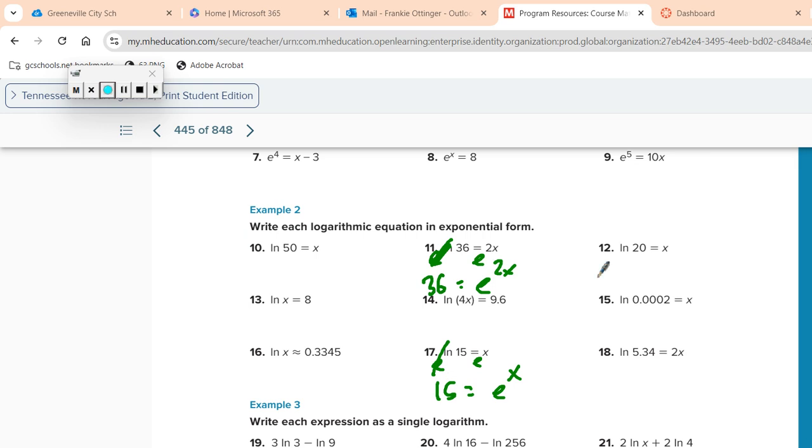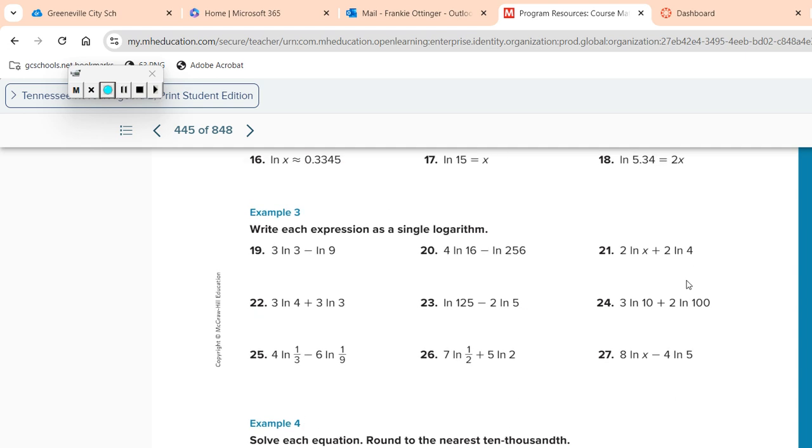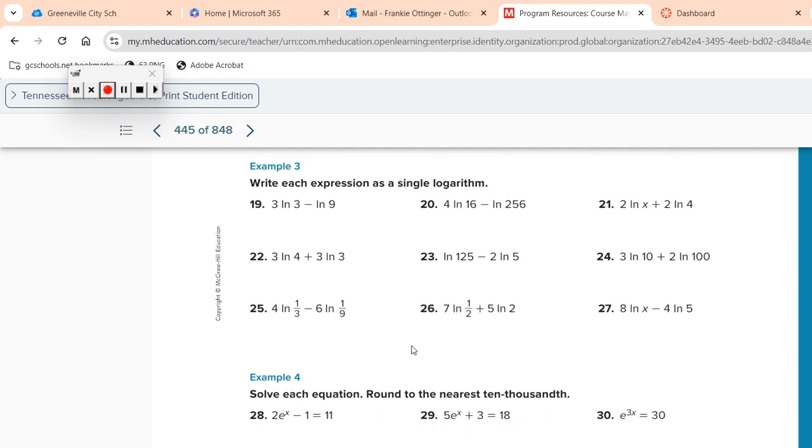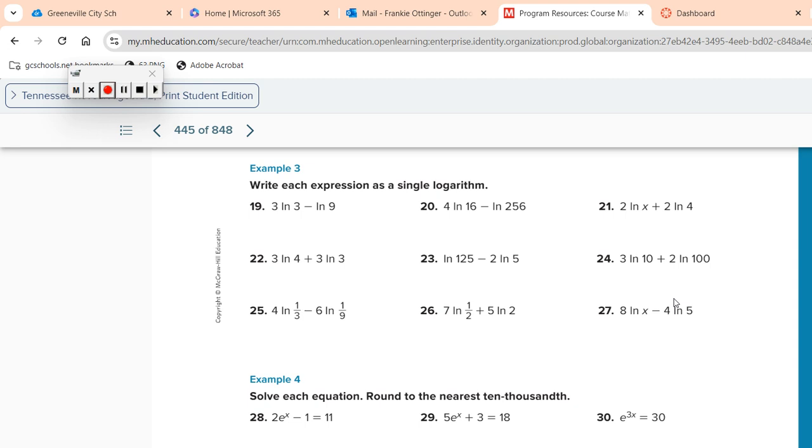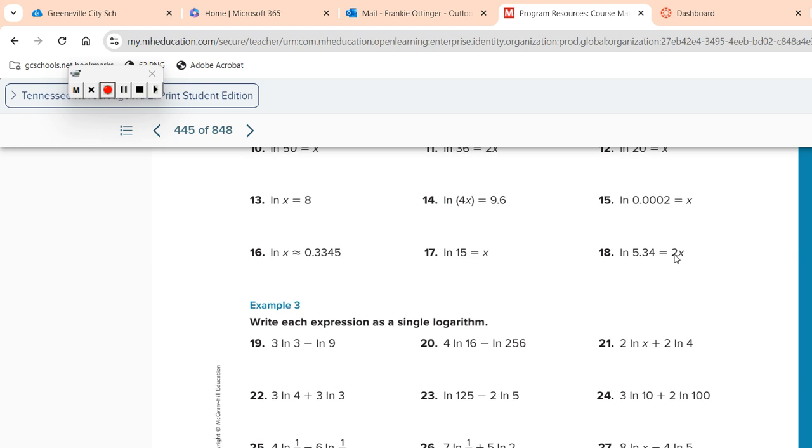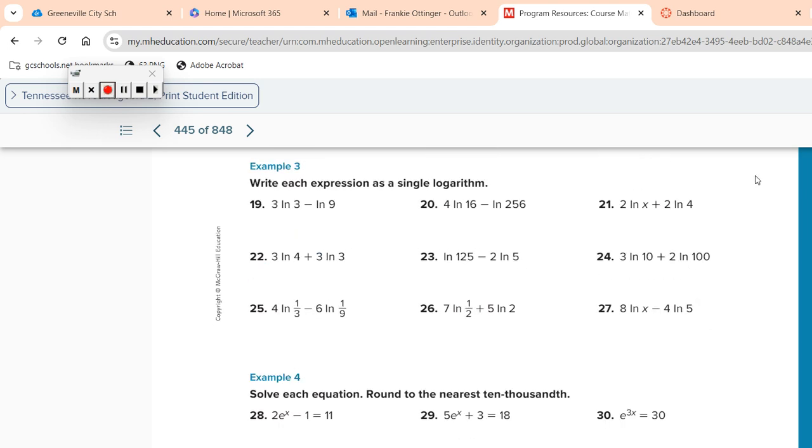This kind of switching forms just gets you set up to be able to solve, which I really wish the next homework problems were 29 and 31, but the next set of homework problems are 19 through 27, where if you read the directions, it says express as a single log. We can do that, and we're going to use the properties that we learned.